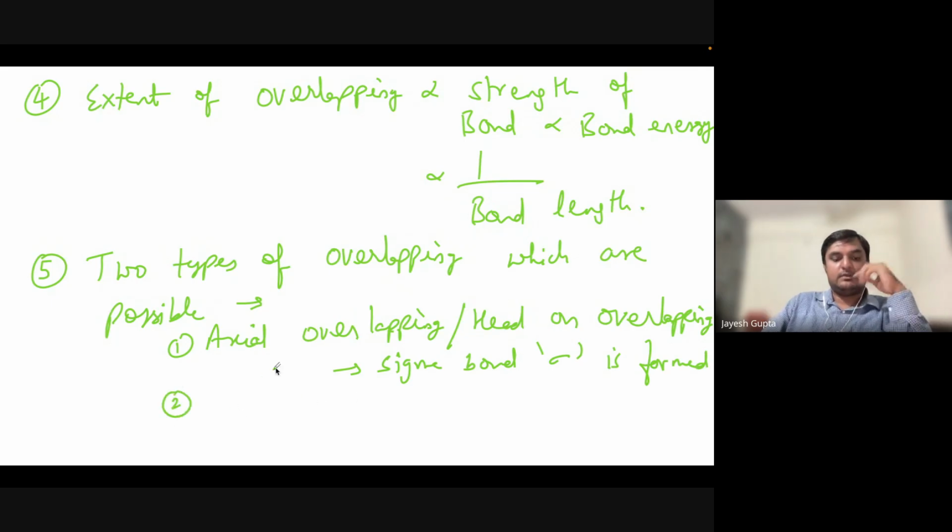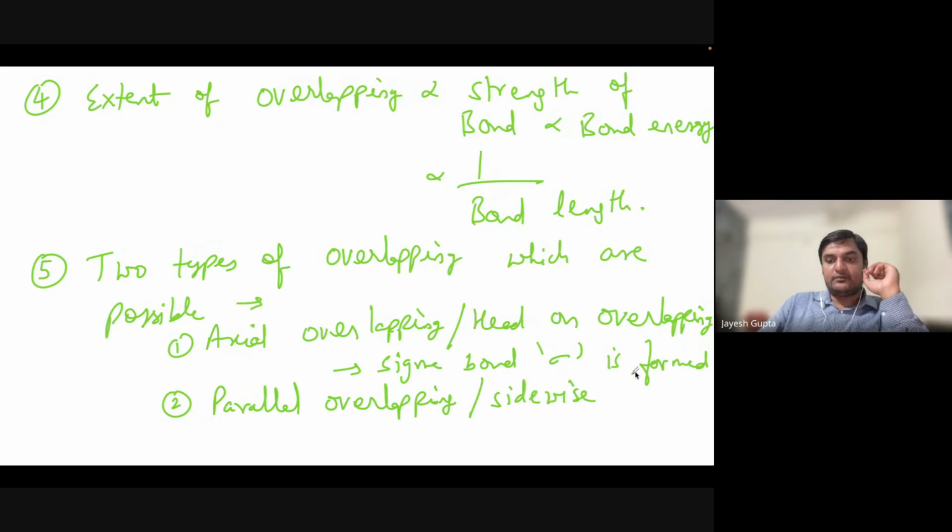This I have already told you. Axial and head-on are the same thing. Second one is parallel overlapping, also known as side-wise overlapping or lateral overlapping. So here pi bond is formed.